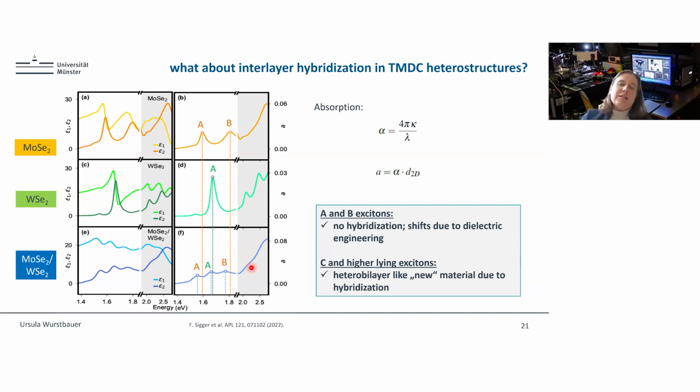And with that, in this spectral range, we cannot describe the dielectric properties just by a stack of the individual layers, which was also important for us to understand, for instance, how charge transfer across the heterojunction can occur.